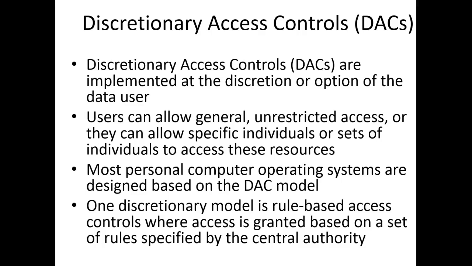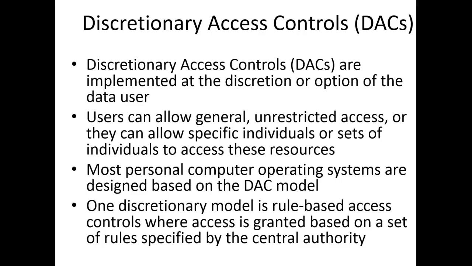The next one is discretionary access control. Discretionary access controls are implemented at the discretion or option of the data users. A user can allow general or unrestricted access, or they can allow a specific individual or set of individuals to access the resources.